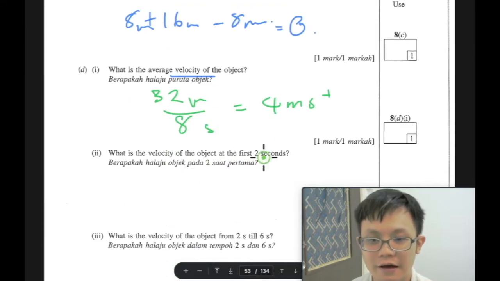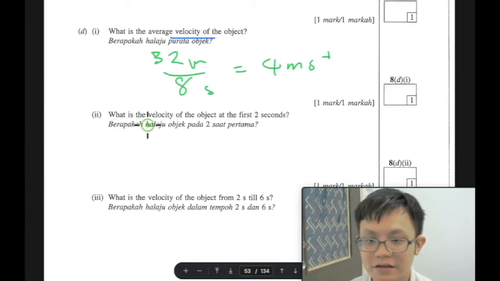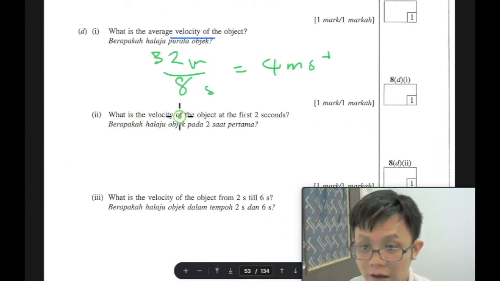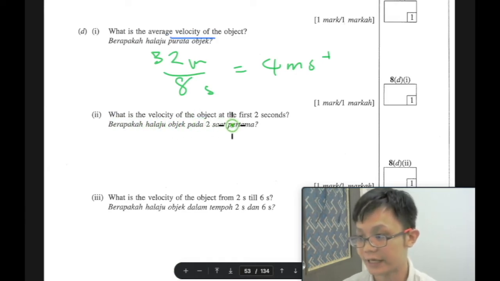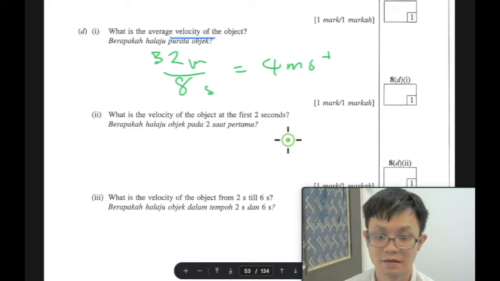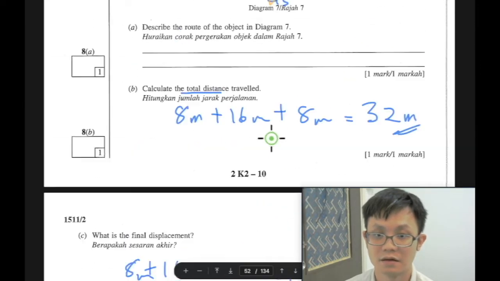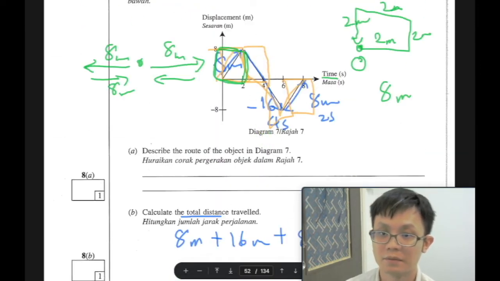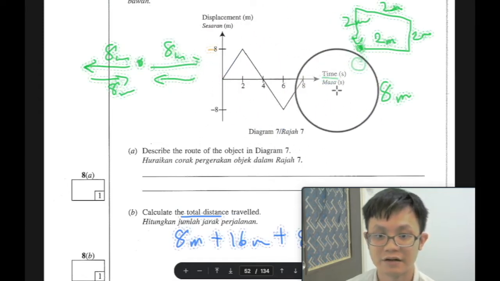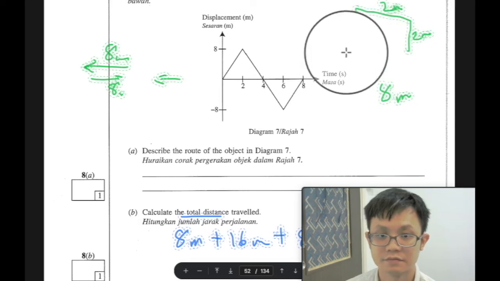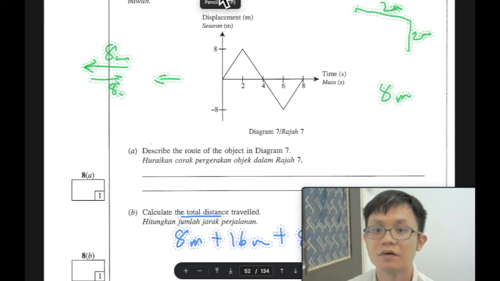What is the average velocity of that in the first 2 seconds? Let me take the eraser. So in the 2 seconds, 8 over 2.